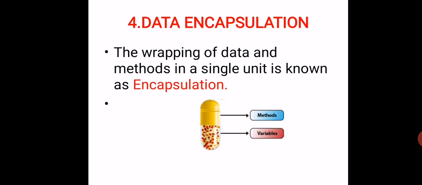Next, the next concept is data encapsulation. Data encapsulation means wrapping the data and methods in a single unit. So classes use the concept of encapsulation as it encapsulates both data and methods.